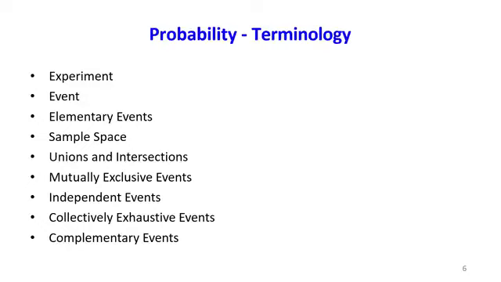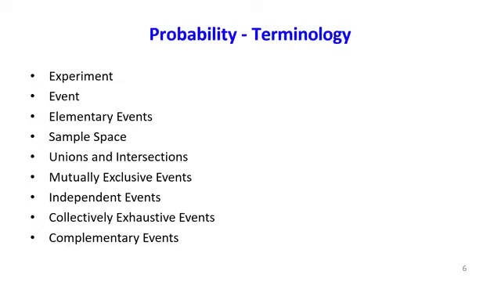So these are some of the terminologies you have to keep in mind, because when we deal with any probability problem, we generally talk about all these things. First is experiment. When we are dealing with probability, we generally do certain experiments.